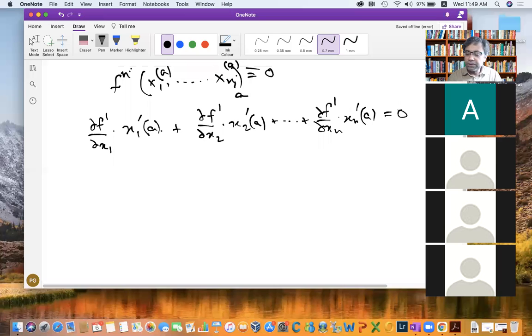And the very last one, we can proceed like this. The last one will be del Fn, the nth function, differentiated.